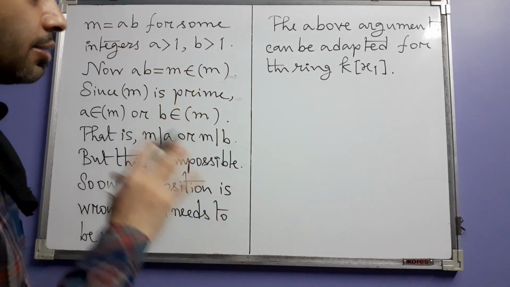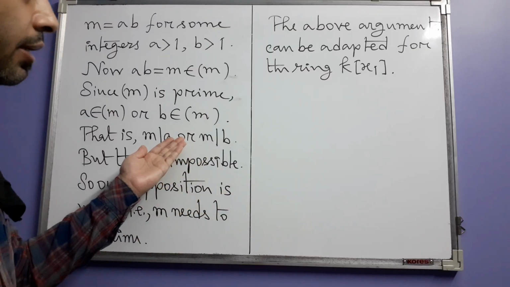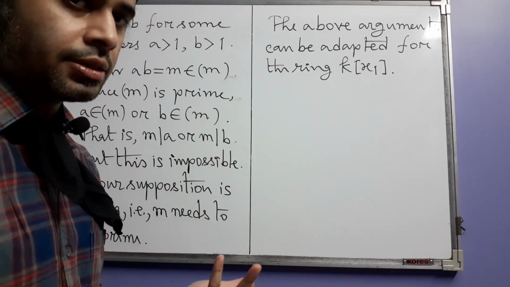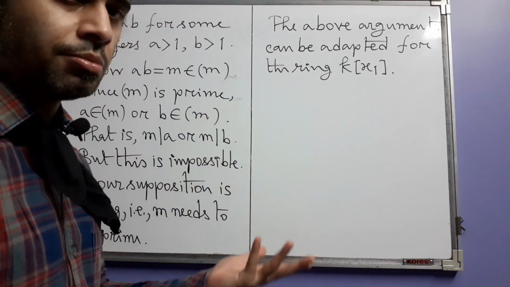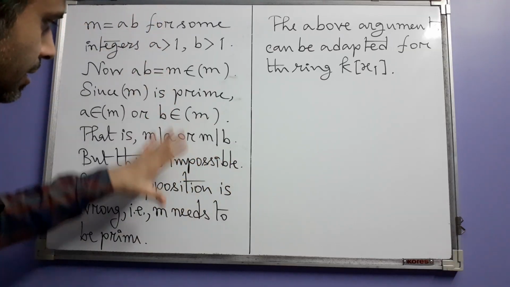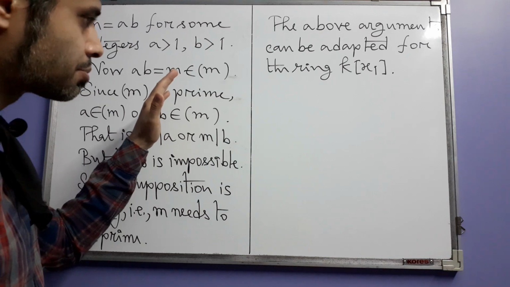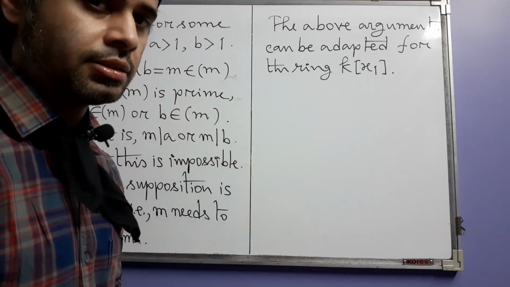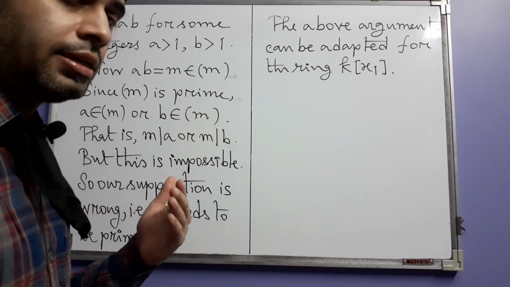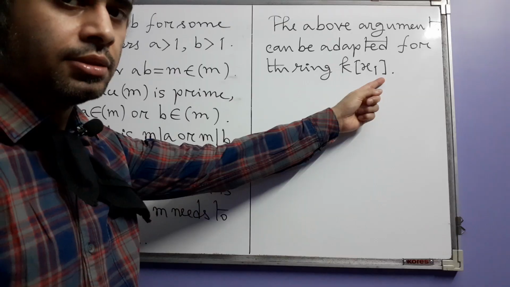But the question is, what is the justification for that? If I simply say that whatever we did here with the ring of integers can also be done with this ring, what's the justification? What am I using to back this up? The thing is that whatever we did here, that actually hasn't used anything special about integers. We simply used the fact that the ring of integers is a Euclidean ring, and that same fact is available with this ring as well.